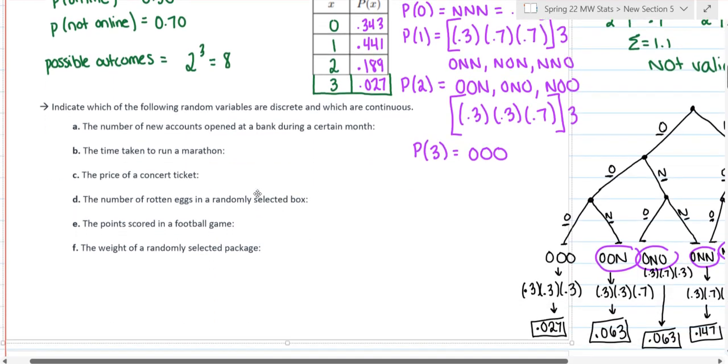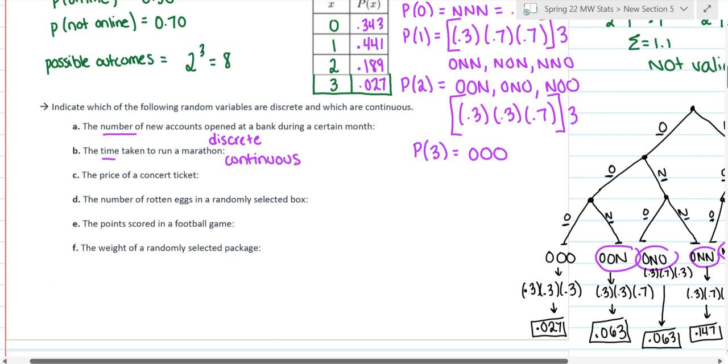All right, next part of this is going back up to the 2 types of variables. Indicate which of the following random variables are discrete or continuous. Number of new accounts opened at a bank during a certain month would be discrete. Time taken to run a marathon, continuous.